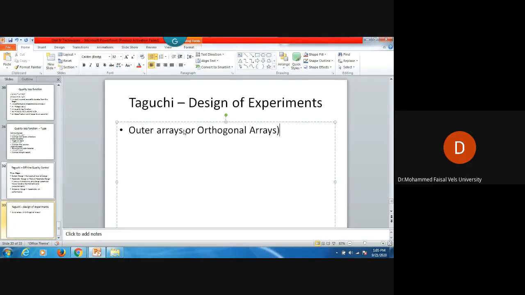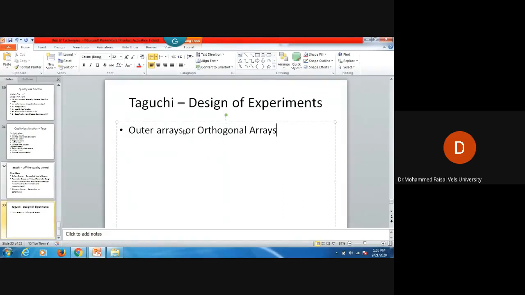But he proposes an experiment called orthogonal arrays, where I have to show one example, then only you can understand how the orthogonal arrays will work. So I will just follow that.